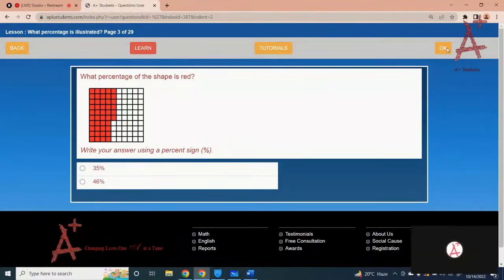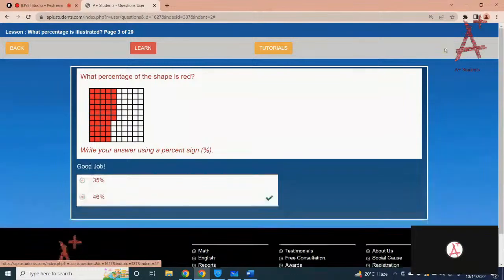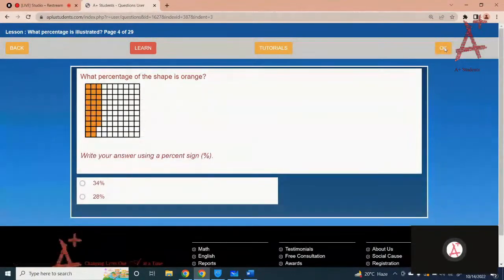Okay, what percent of the shape is red? Again, the same one. 46% of the shape is colored. I think I haven't selected the answer, sorry. Okay, what percent of the shape is orange? Oh, very good, Henry.